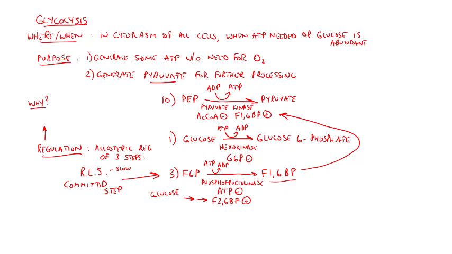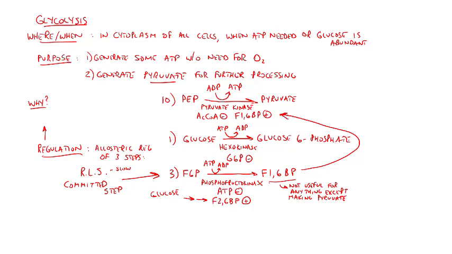It's also a committed step, which is something different. A committed step is a step whose product is not useful for anything except making pyruvate. So the earlier intermediates in this pathway could be used for other things, but fructose 1,6-bisphosphate and everything after that is not useful for other things, for the most part.